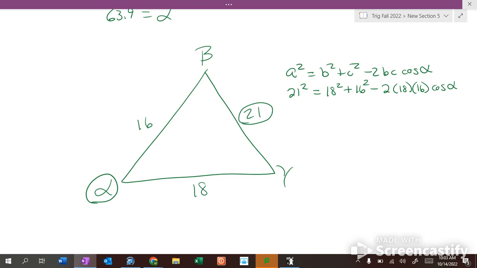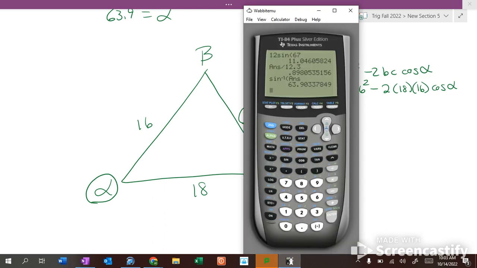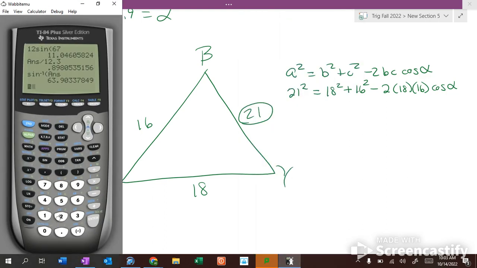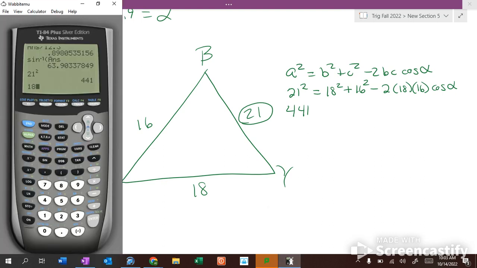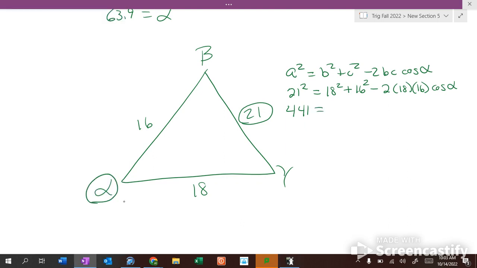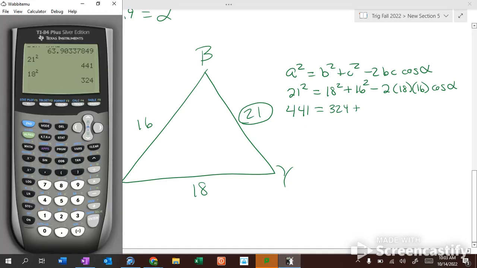Now, how do we solve that? What are we trying to get alone? Trying to get alpha all alone in the end. Okay? So 21 squared, kind of a big number, 441, I bet, yeah. And 18 squared is 324. 16 squared is 256.